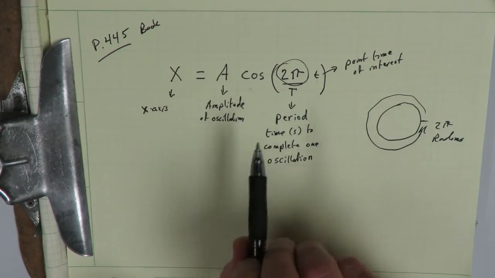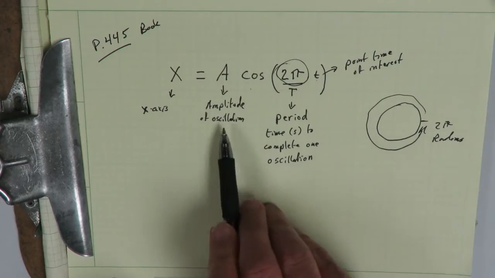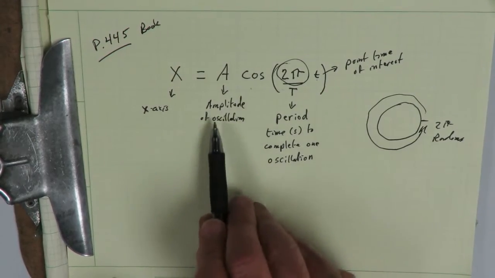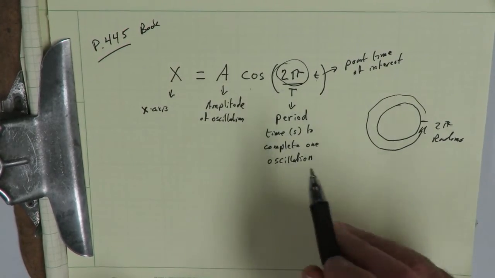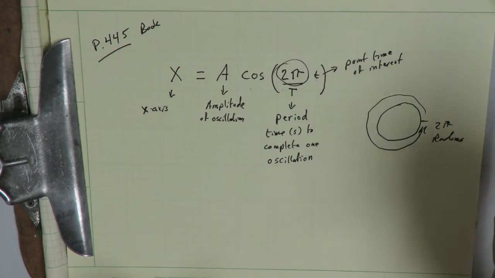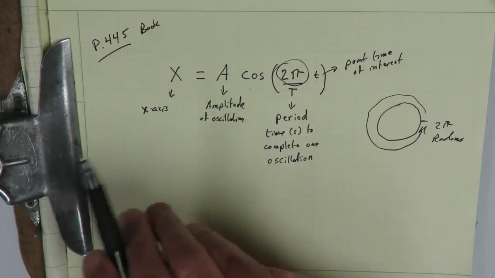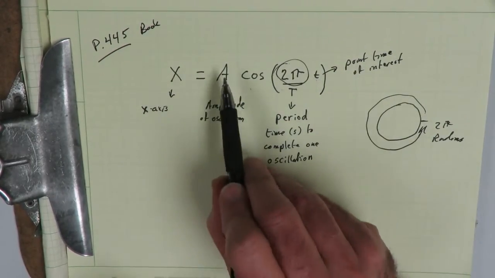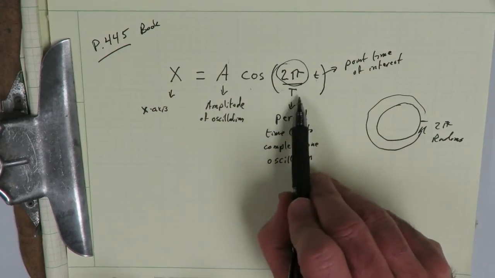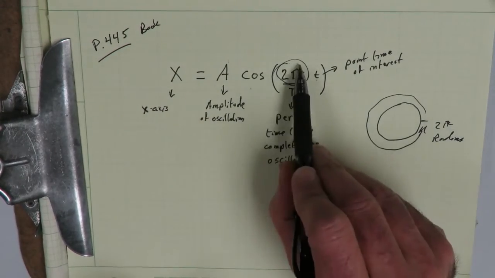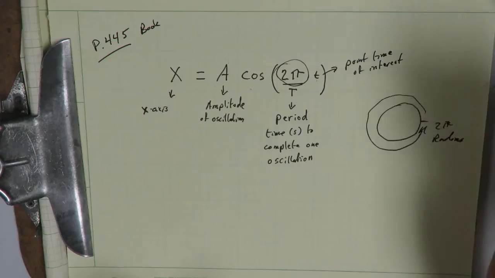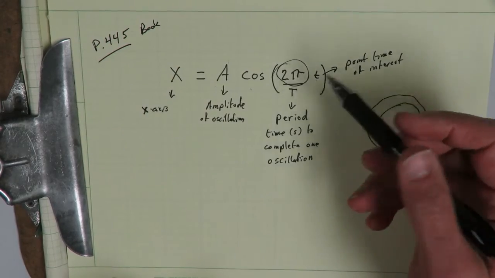Basically what we're doing is we're using these variables to figure out what the amplitude of the oscillation is and the period of the oscillation, and then plug those values into other equations that we already have. Or alternatively, we're looking at a graph which has already been created, and we're pulling information off that to plug into these spaces in the equation. So the fact that it's all in radians really isn't that big a deal. It just doesn't pop up.